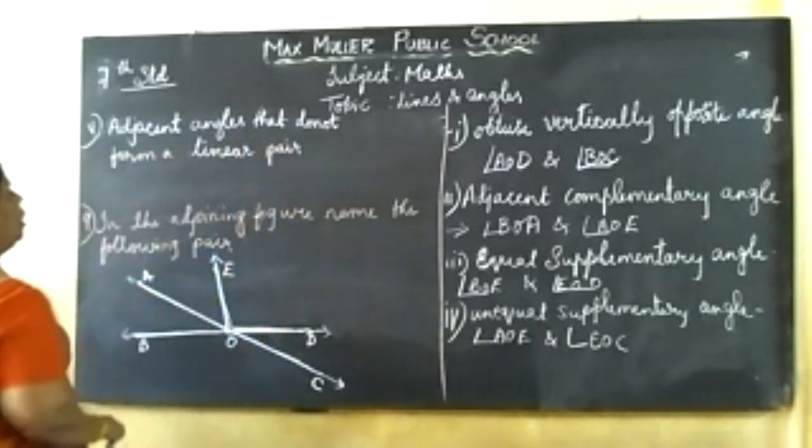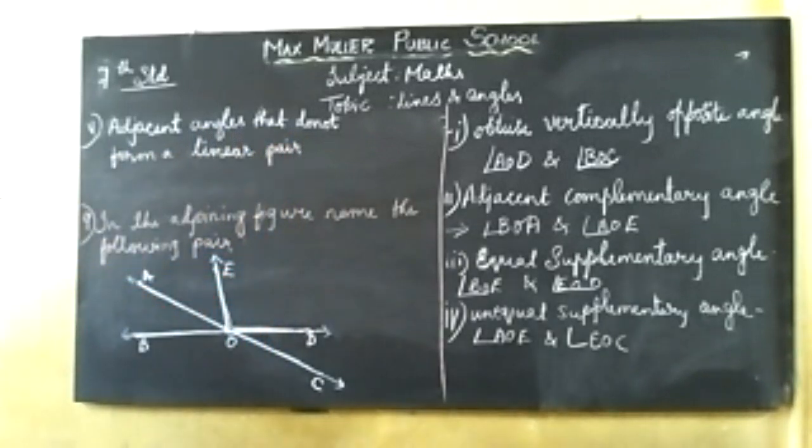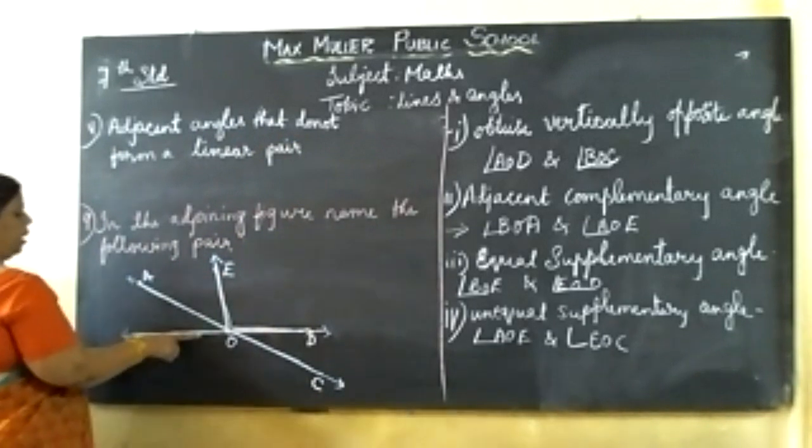See this one. Adjacent angle which is not linear.